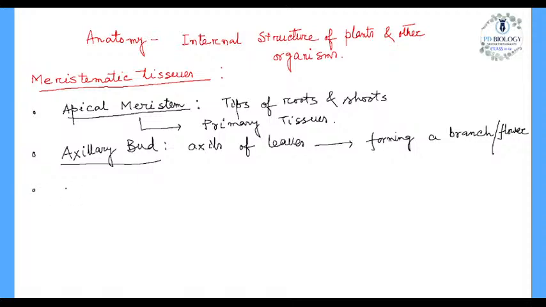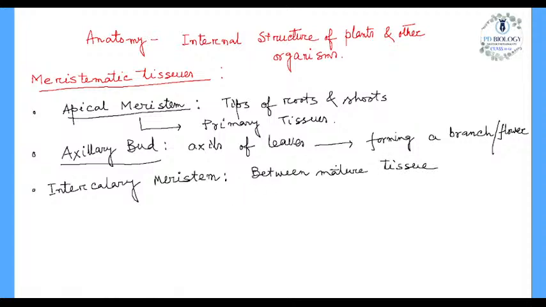Next, intercalary meristem. So meristem occur between the mature tissues.